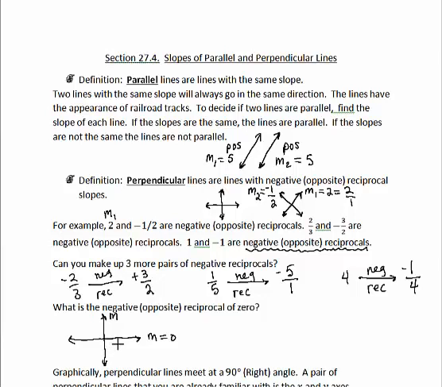What's the slope of a vertical line? It's undefined. So the negative reciprocal of 0 is undefined. If we write 0 as a fraction, we get 0 divided by 1. And if we take the negative reciprocal, then we write 1 over 0, which is undefined.